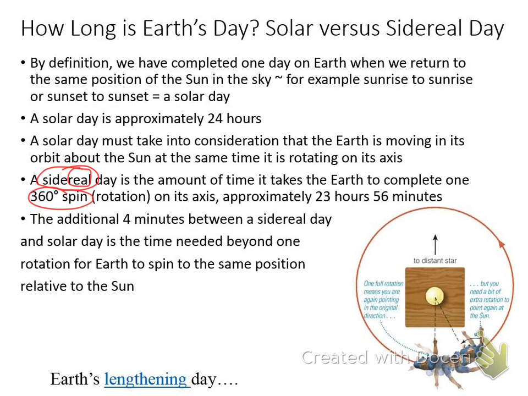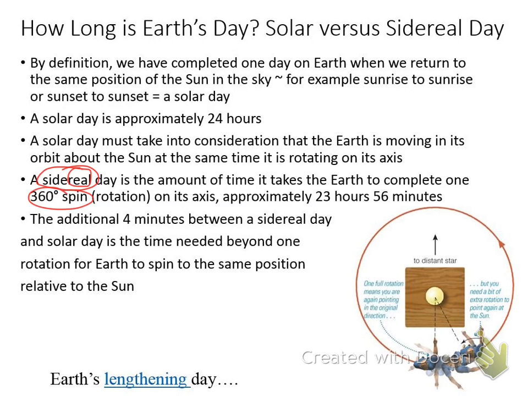So as I relocate and spin, 24 hours needs to be here. I need to go a little bit farther than 360 degrees. So I'm not at noon again.